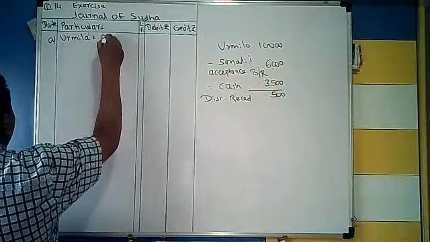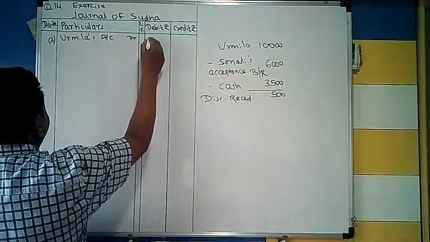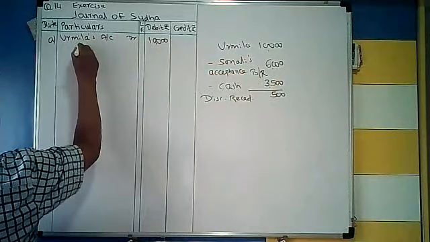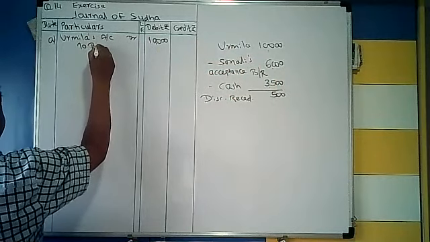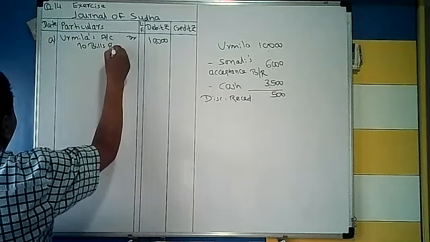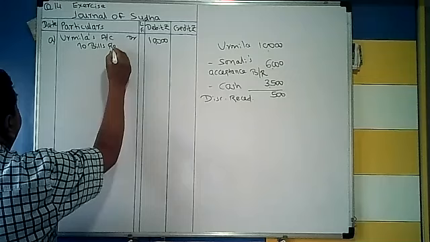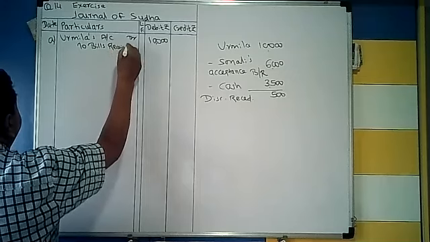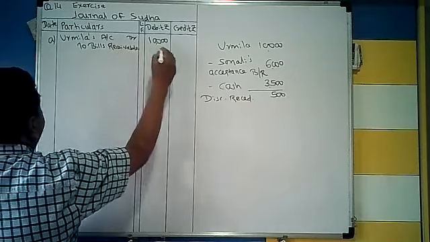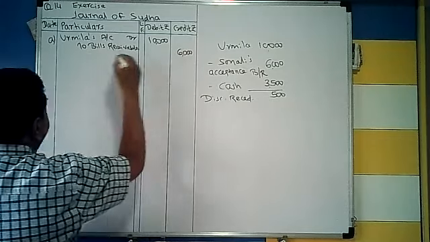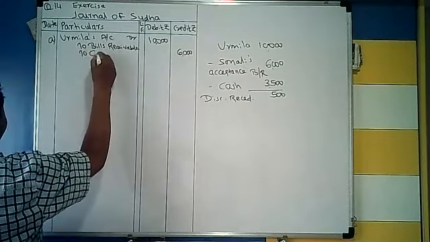Urmila's account debit 10,000 to bills receivable account. Bills receivable account, amount is 6,000. Then to cash.